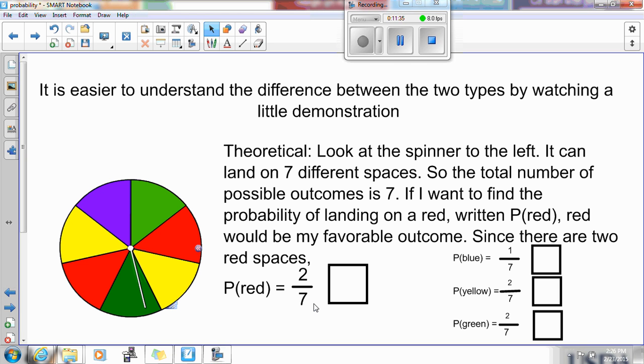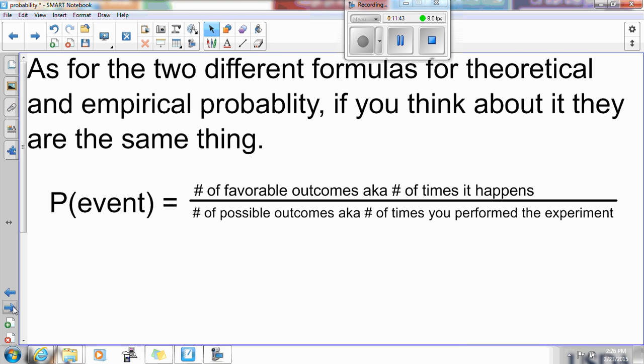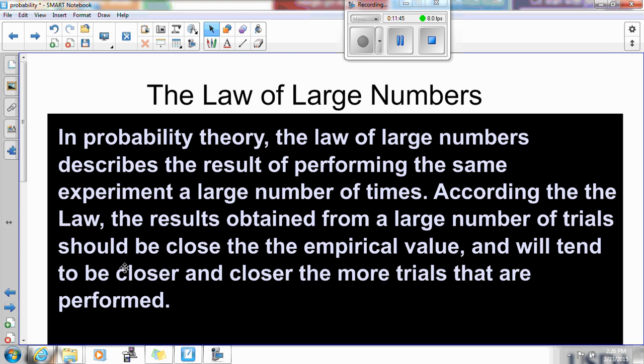Well, you will not get different amounts eventually. What the law of large numbers says is that eventually, if you do the experiment enough times, over and over and over and over, say 25 to 100 times, the empirical probability and the theoretical will be the same.